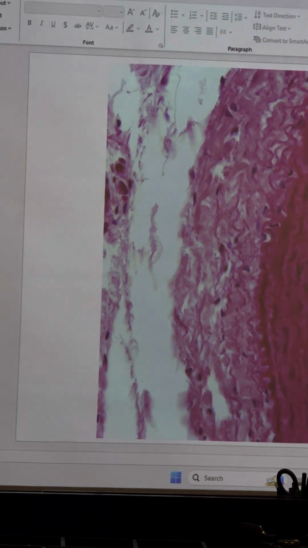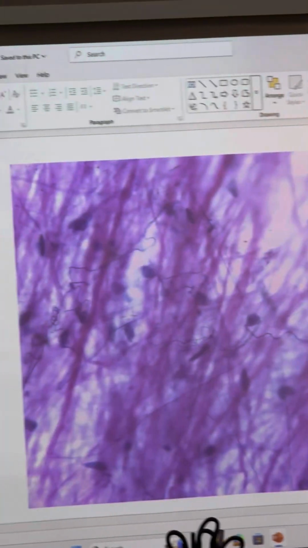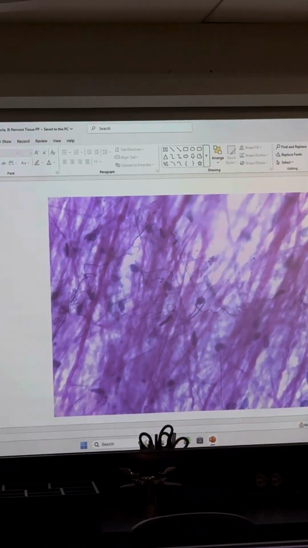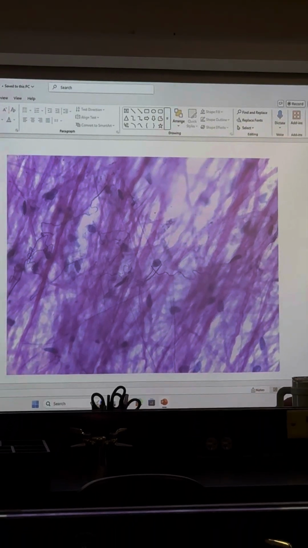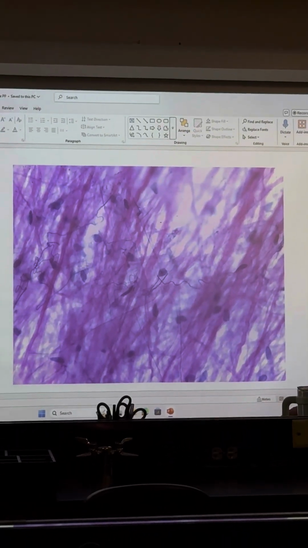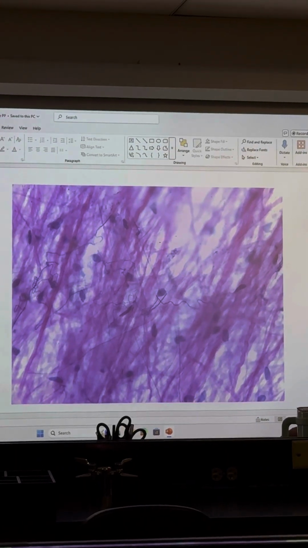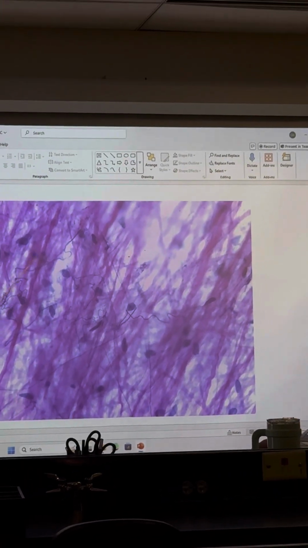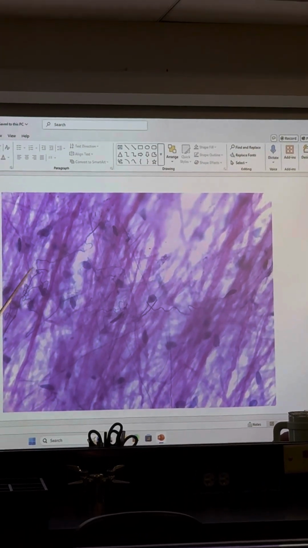Okay, let's do. Does that guy look familiar? Yep. Some people call it loose or areolar, whatever term, areolar or loose connective tissue. It's the least organized. What are the red fibers? Those are collagen. What are the little black ones?